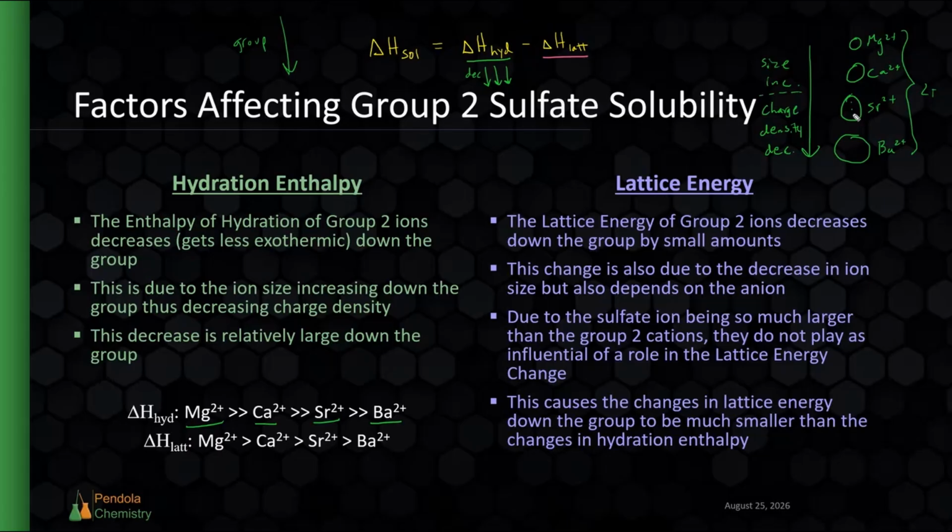So as we go down, the size of the ions increases and the charge density decreases. However, whereas the enthalpy change of hydration is based on one ion, the enthalpy change for the lattice energy is going to be based on both ions.